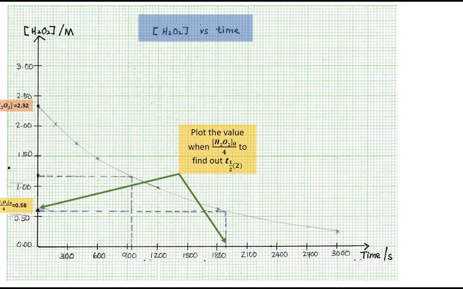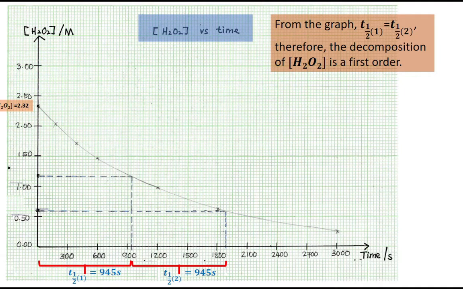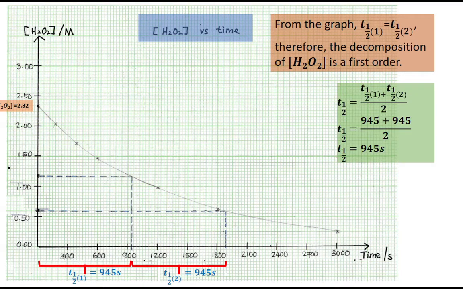Then, continue to plot the value when the concentration becomes a quarter of the initial concentration to find out half-life 2. From the graph, T half 1 equals T half 2. Therefore, the decomposition of hydrogen peroxide is first order.